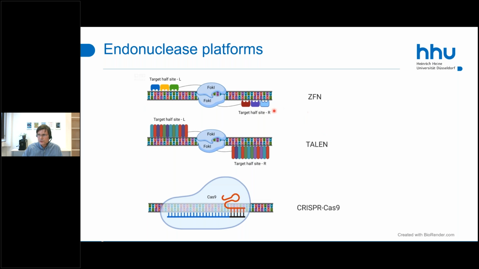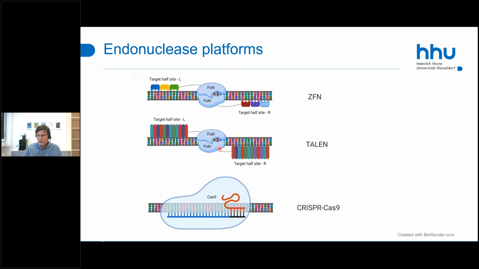And for these 2 platforms, it's mainly the FokI. And as this is working only as a dimer, therefore you need also 2 halves of your platform. And these are 2 protein-based, so also the binding to the DNA is based on protein or peptides.